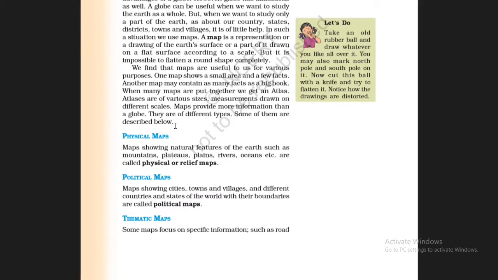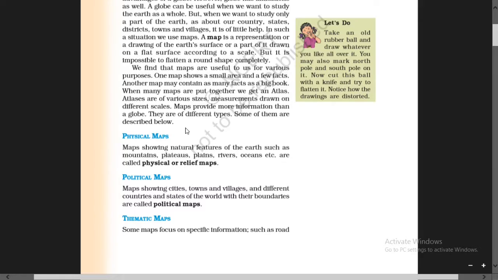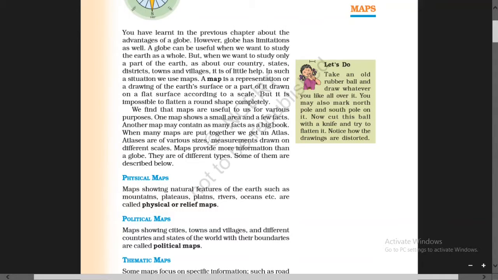Before doing this, boys, have a look towards the right margin of your chapter. Let's do this activity, which you have to practice.